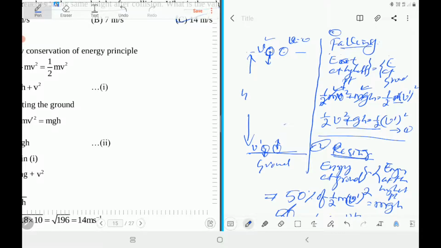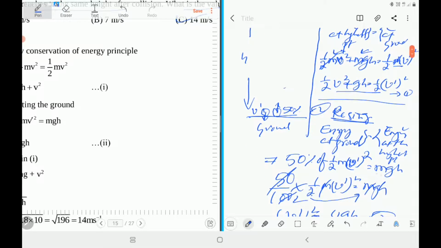What he says next: while bouncing up, it loses 50% of the energy. So it has only 50% of the initial energy. With that energy, it rises up to the same level. So the highest point energy, only potential energy mgh, is equal to the potential energy at the lowest point, at the ground.